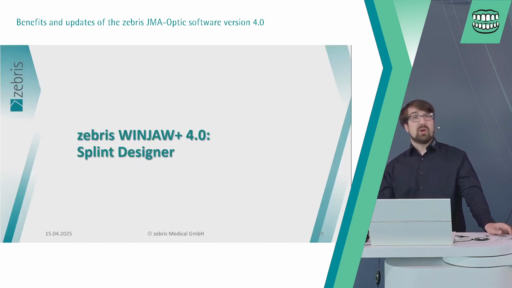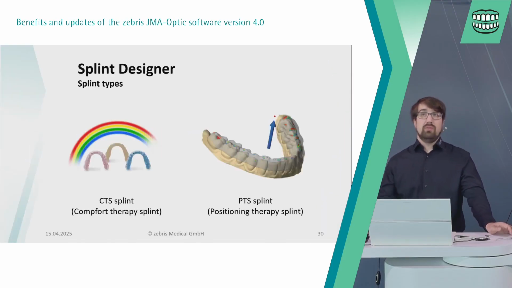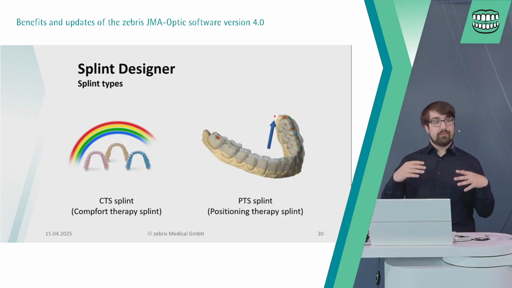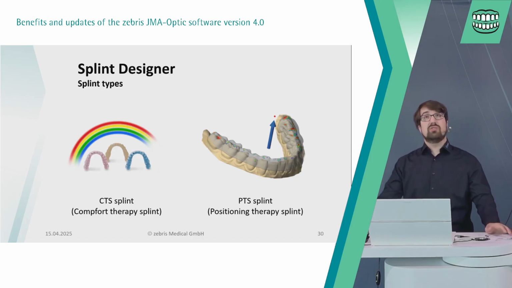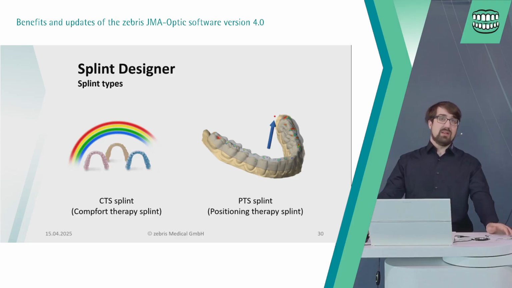Then we have our Splint Designer. With the Splint Designer, we want to give you the possibility to create simple and easy splints for your patient as a first treatment for pain issues, of course, from a disc replacement of a discus or anything else.